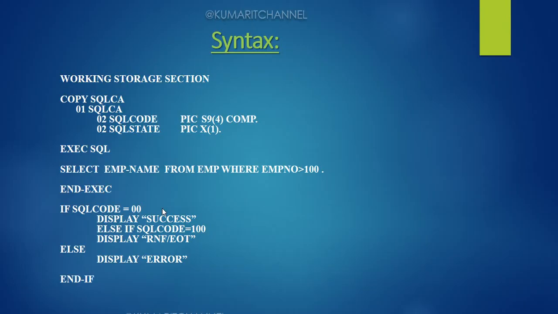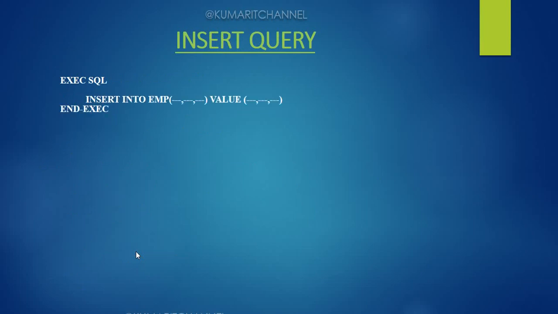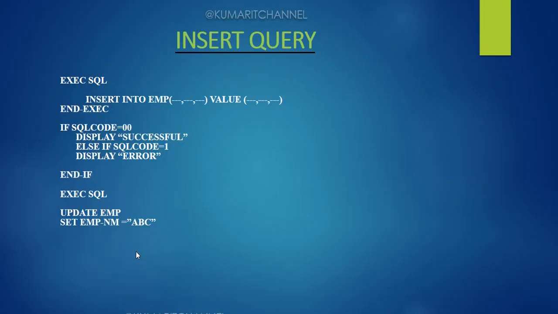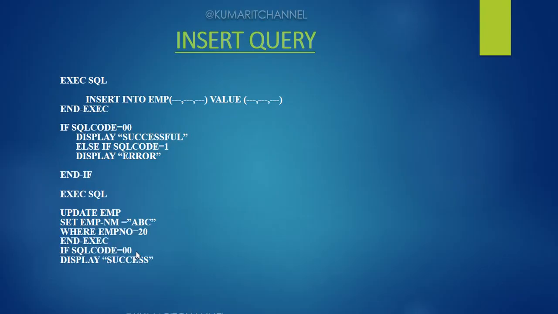So this is how we handle this, and we check whether the particular SQL statement within the application program is written correctly. If not, this is how it fails. That's very important. So insert into this and display. This is how we write it, and the same for the update.